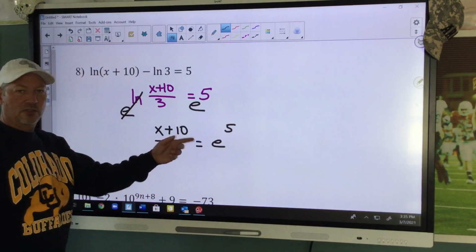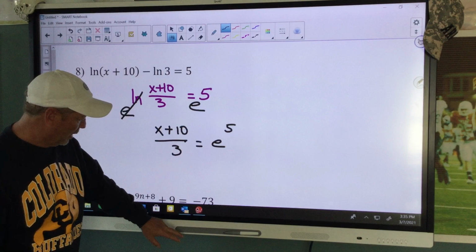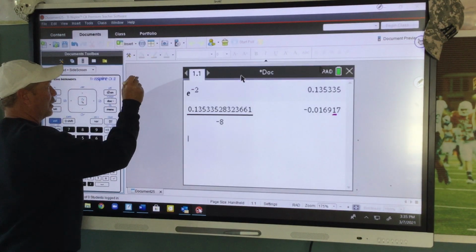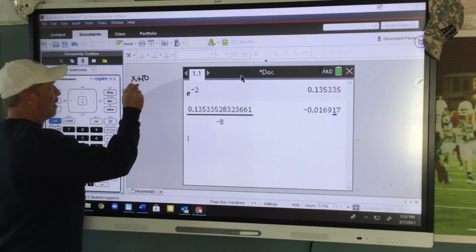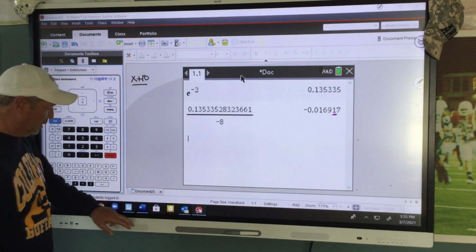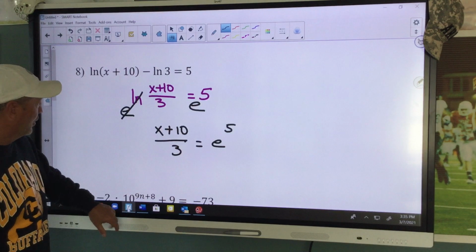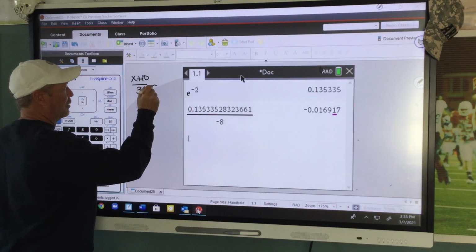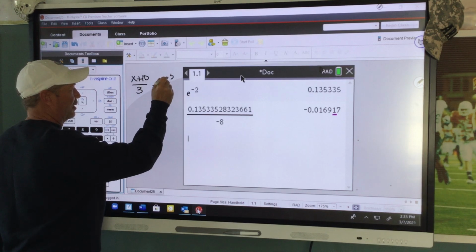So I'm going to transfer this to the calculator page. All right, so x plus 10 over 3 equals e to the 5th, okay?